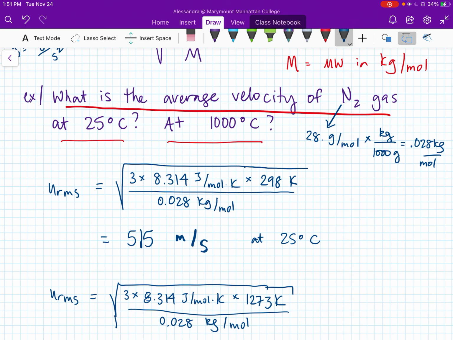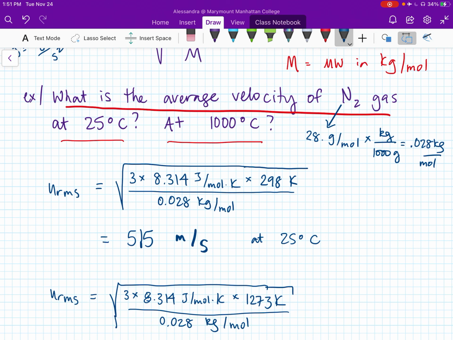So do all of that arithmetic and then take the square root, and you get a root mean square velocity of 1,065 meters per second.